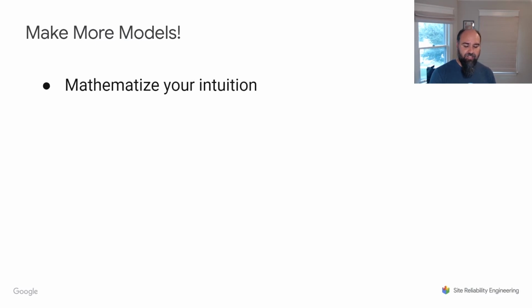So the first stage is you need to mathematize your intuition. I think that SRE and the operations field more broadly has done an incredible job of training up a really keen intuition, right? After you've been on call for a service for a while, you know how it acts normally. You sort of get hunches about what things look right and don't look right, and so forth.